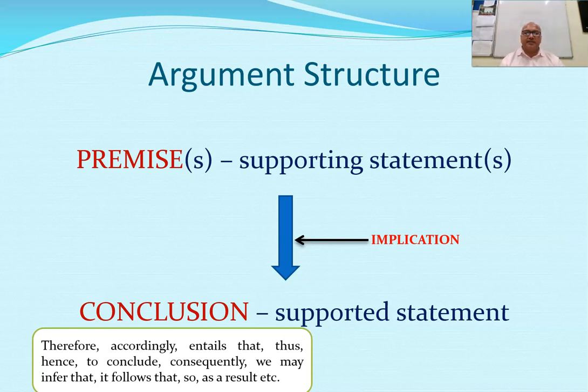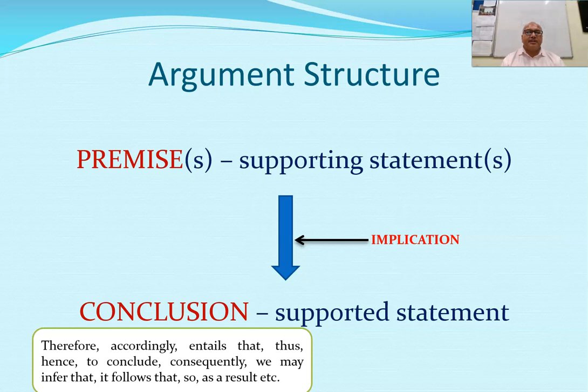And for that, these are the markers: the statement following expressions like therefore, accordingly, entails that, thus, hence, to conclude, consequently, we may infer that, it follows that, so, as a result. These are some expressions which point out that this particular statement in the group is the conclusion.